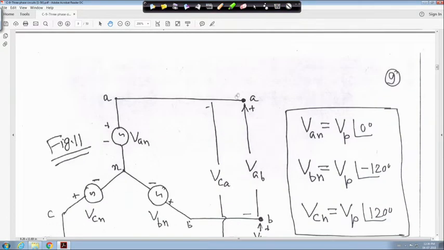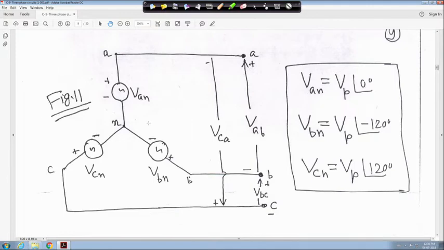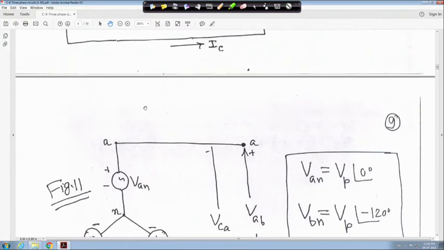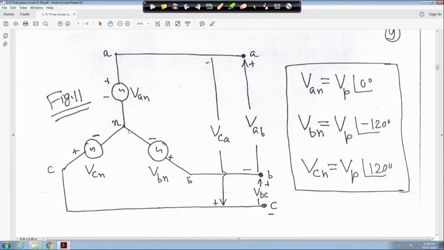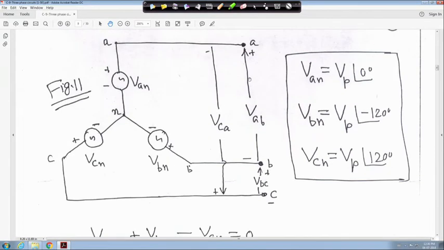Now, if we draw only the source side, this is figure 11, I am not showing any neutral or anything. First let us see the source side. The way I told you, VAB, A is positive means B negative, VBC and VCA, right.